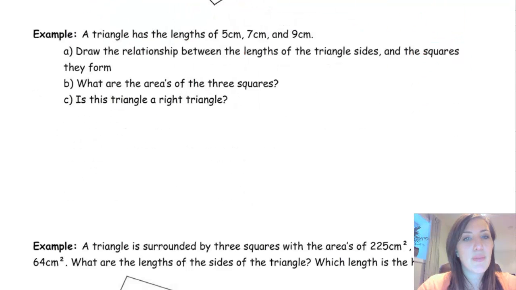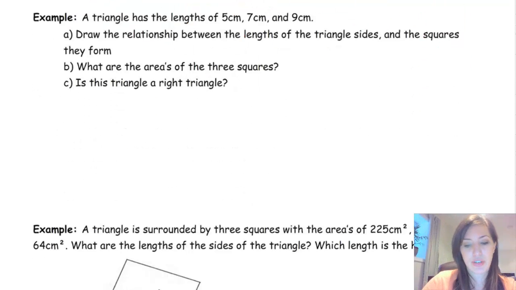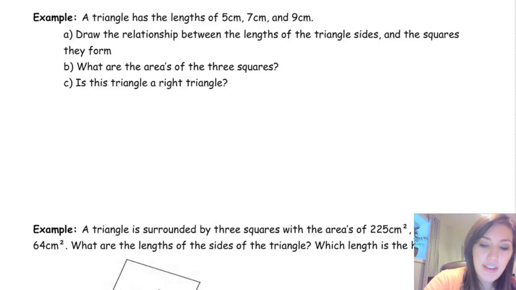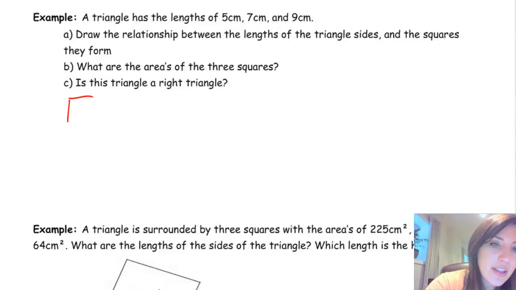So let's try a couple examples here because this is a little bit tricky. A triangle has the lengths of 5 centimeters, 7 centimeters, and 9 centimeters. Draw the relationship between the lengths of the triangle sides and the squares that they form. Okay, so the first one, 5 centimeters.